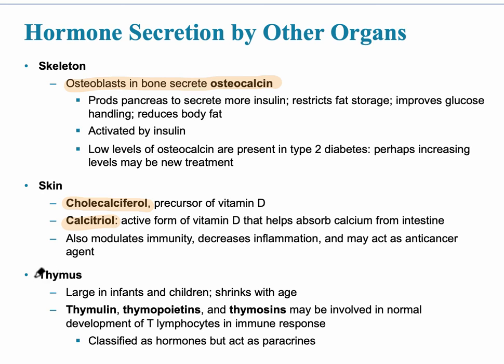And then finally, the thymus is very important for causing development of the T lymphocytes in the immune response. And it's large in infants and children, and it starts to shrink about age 13 to 15, somewhere in there. And one of the hormones produced is called the thymosin, which is going to trigger the development of the T lymphocytes.